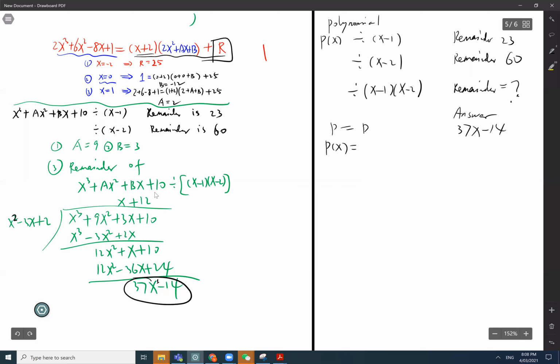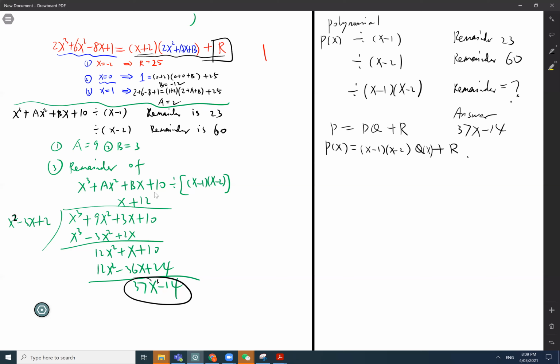Okay, we have P equals dQ plus R. Here, dQ plus R. Of course, this Q depends on x.